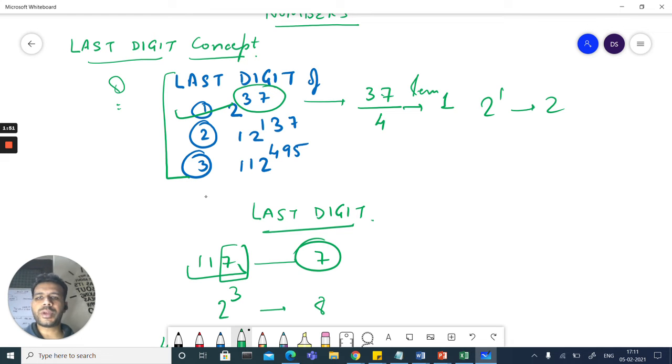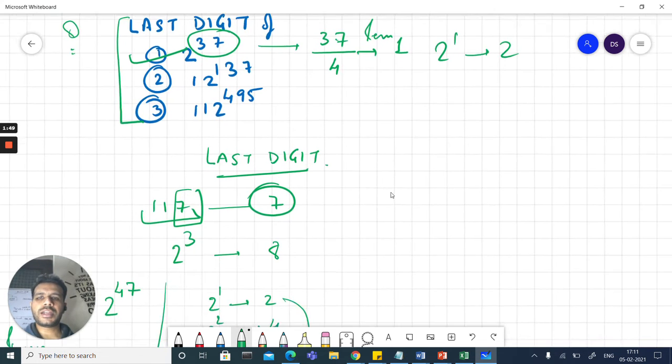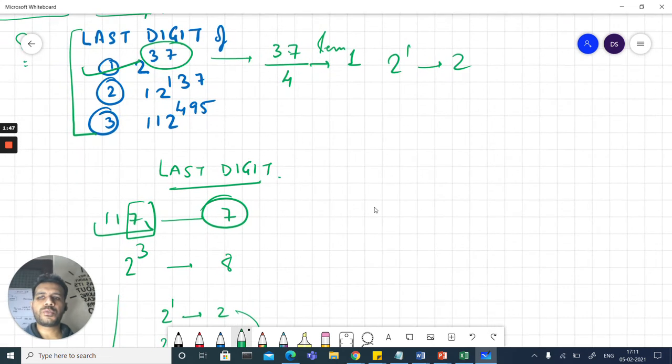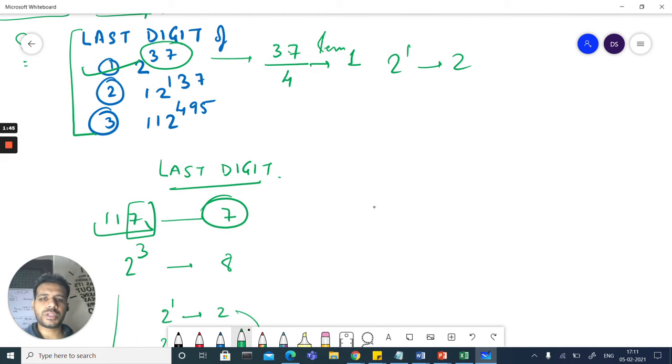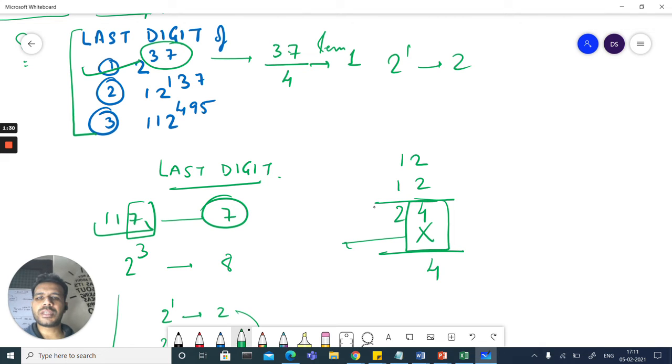Let's go to 12 to the power 137. This time it is not 2, it is 12, sir. How would you solve this one? Let's see how we multiply. When you multiply 12 with 12, you normally do 2 times 2, then 2 times 1, and so on. I'm least bothered about what's there beyond this. I'm only talking about the last digit, and the last digit only comes from this part.